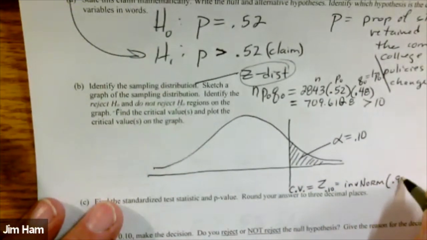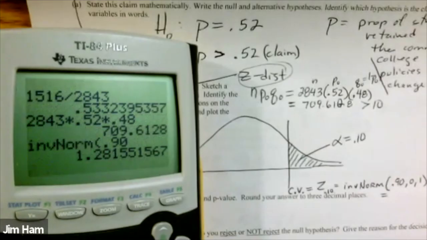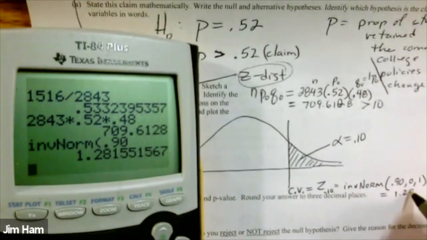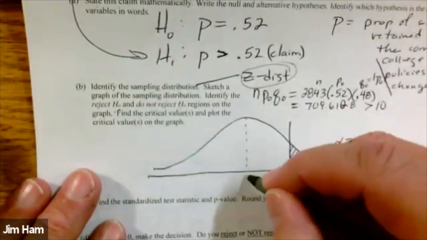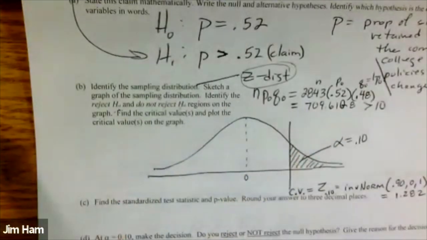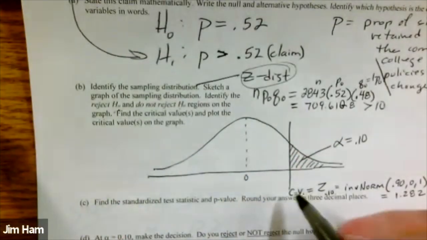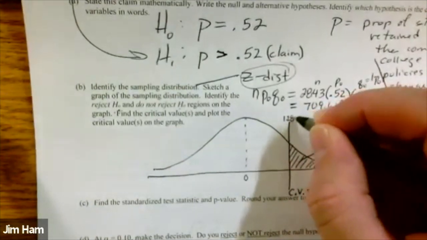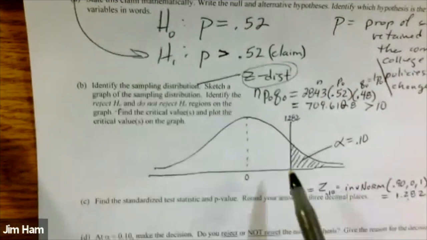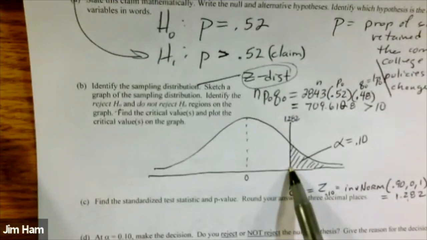I have to use 0.90 because I have to use the left area, and that's 1.282. All right, so we are now drawing the normal sampling distribution, and this number right here is 1.282. Here's the critical value, and here's where it is on the graph.